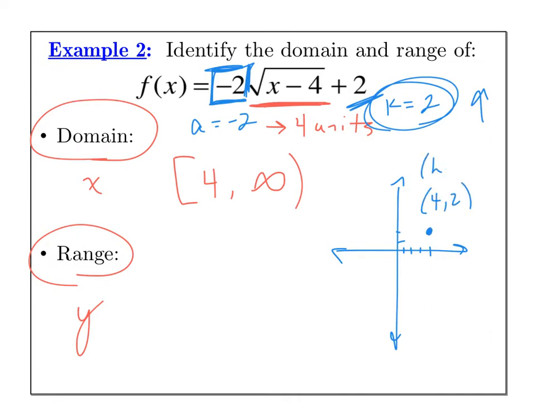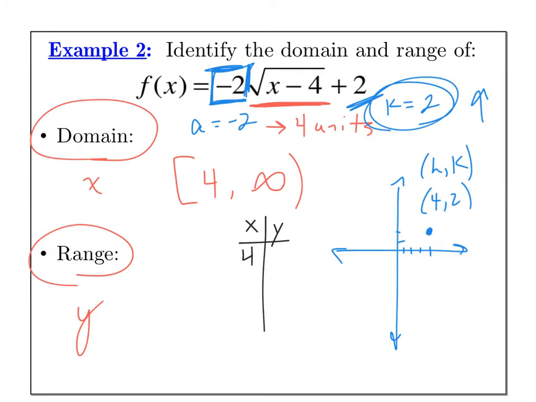No coincidence that it's h, k, ladies and gentlemen. That is by design. Now the a value tells me, instead of going this direction, what's going to happen with the negative? We're going to reflect over the x-axis. So let's see what that would look like.